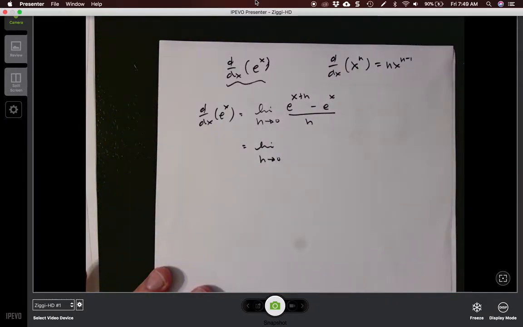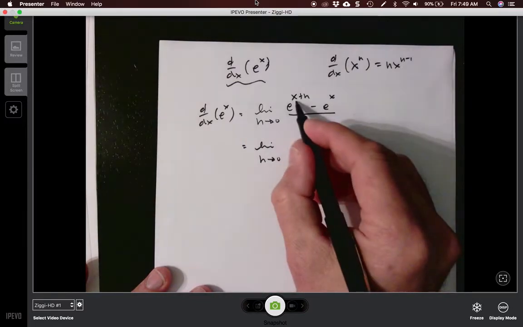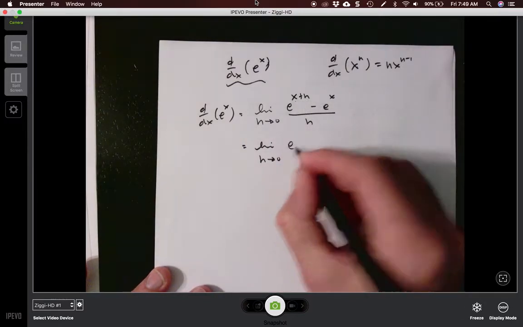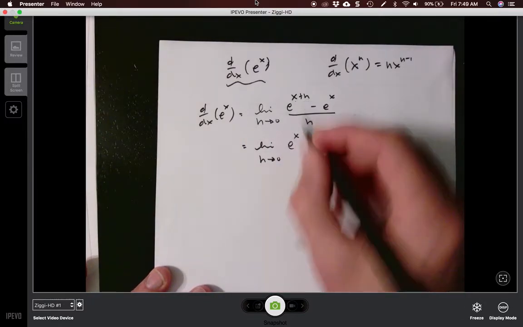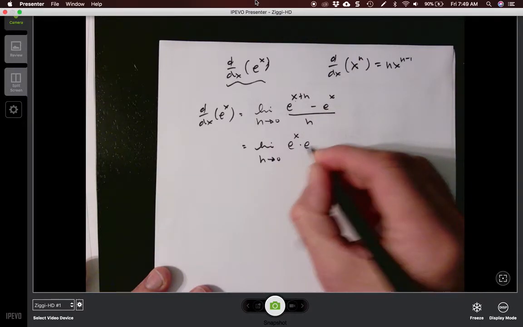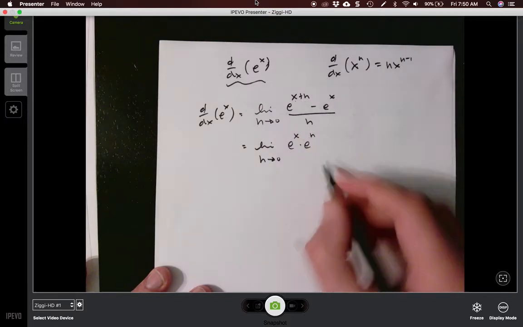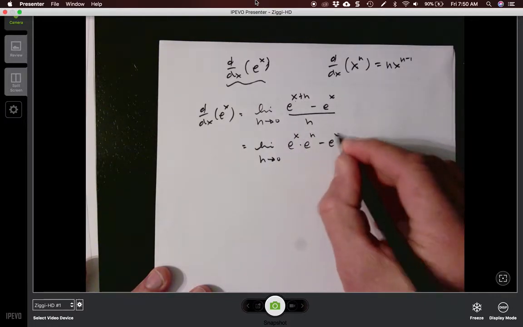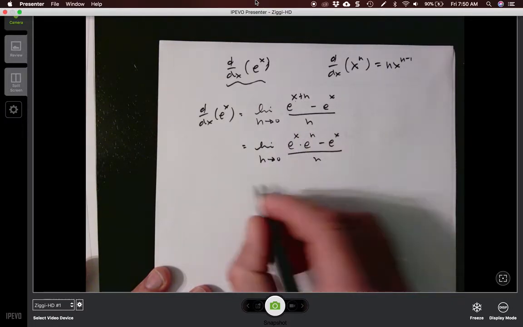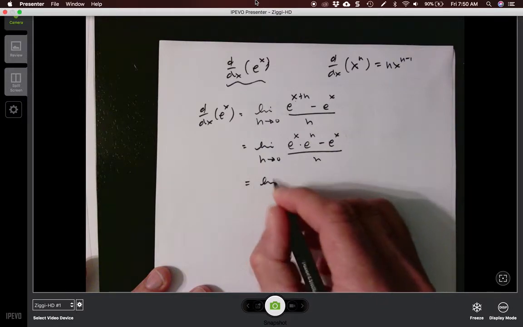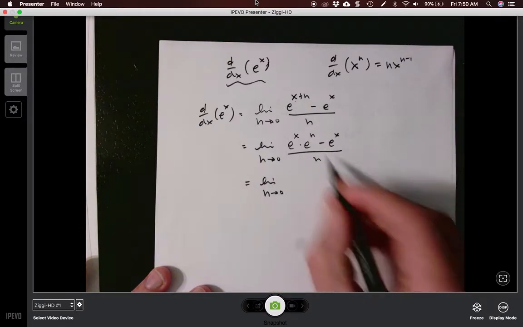This is going to be the limit as h goes to 0. And if you remember your exponential rules, e to the x plus h is e to the x times e to the h. Okay, we add the exponents to get here, and then minus e to the x, all divided by h. So we get the limit as h goes to 0.